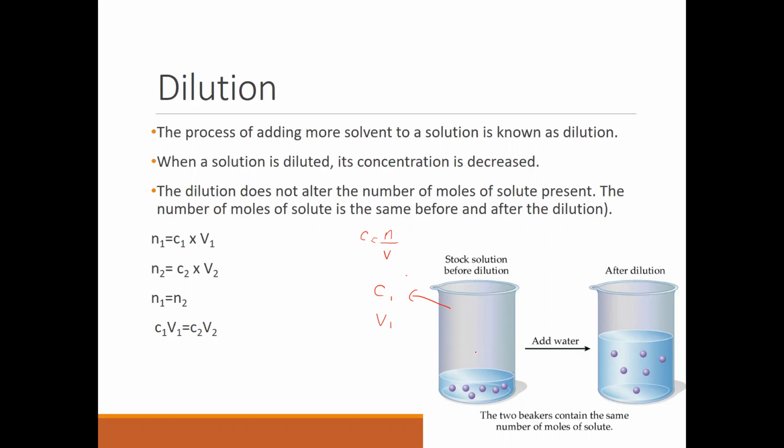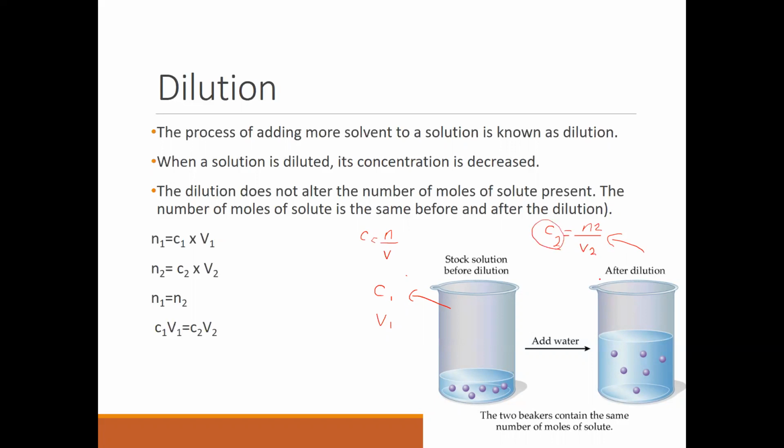Then if I add water to this solution, I still have the same number of moles. Definitely I have a new concentration because I added some water, so C2 is N2 divided by V2.